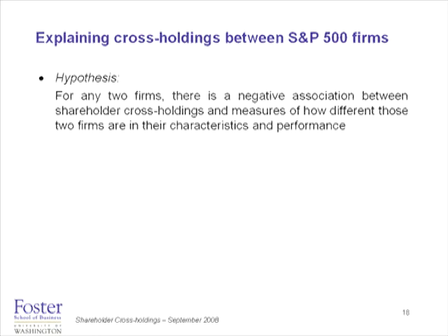They probably have some characteristics they're looking for, and so they tend to invest in similar firms. So our idea here is that by any measure of distance, in terms of characteristics being different from each other, the two firms that are more distant from each other should have lower cross holdings. Okay.